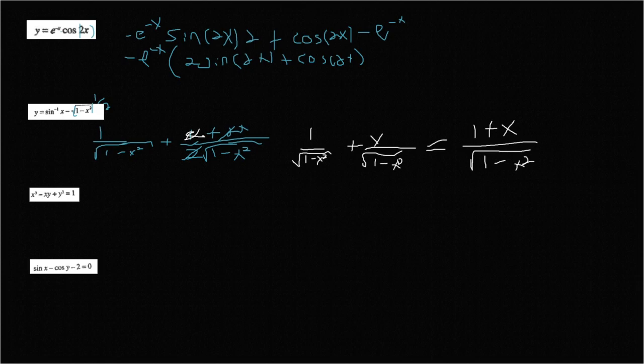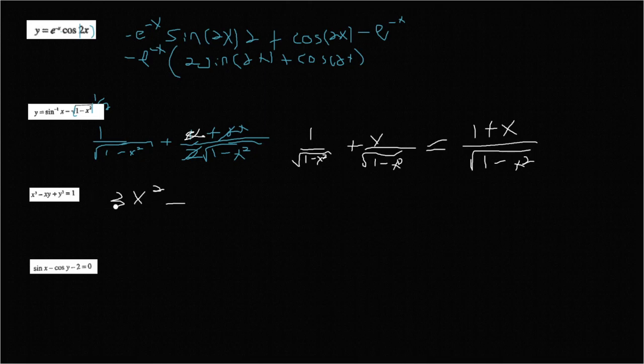Alright, on to some implicit differentiation, which is pretty cool. So we're going to take the derivative of everything, probably with respect to x here. So let's just do 3x squared, because if you can do it with respect to x, you can do it with respect to anything.